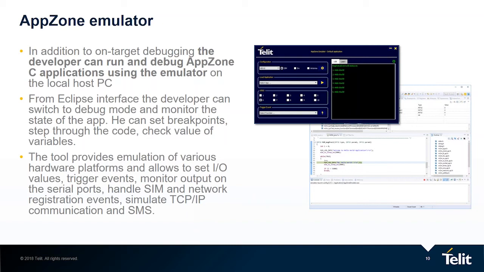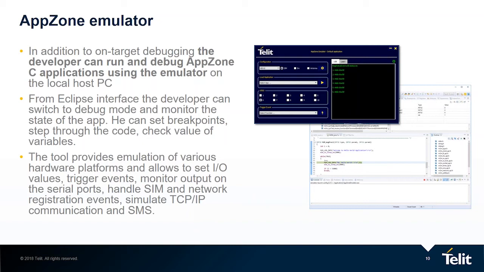We will see an example later. And then you can launch and monitor the state of the app as it evolves in different states. So you can set the breakpoints, you can step through the code, you can check the value of variables, and so you can basically monitor how the code is evolving.